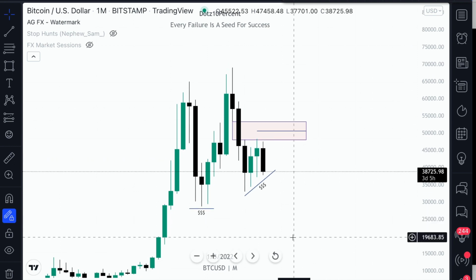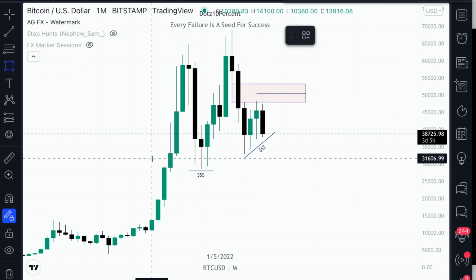That's the first imbalance that I see. Then below us, one that jumps out at me.